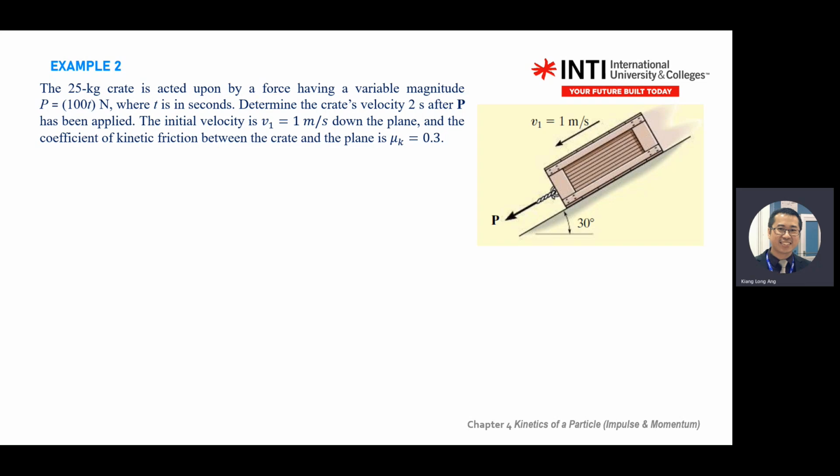What's wrong with the bottom diagram then? Why did you change the question? The question is 30 degrees. Why do you draw like this? The force like this is correct. All this is all the force in X direction.